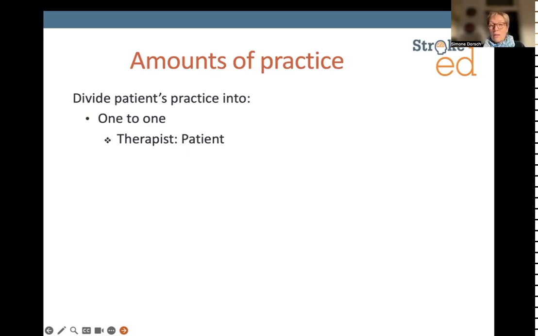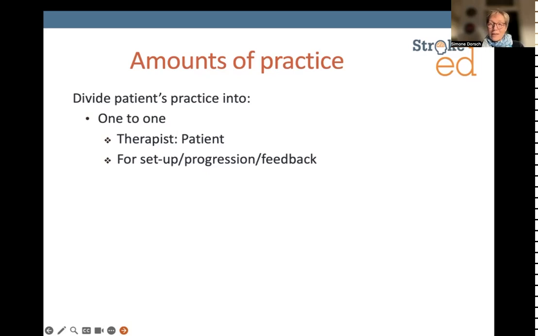In one-to-one, the therapist is working directly with the stroke survivor. And that should only be done when it needs to be done. We don't need a lot of practice to be one-to-one practice. If you need to be there to set up the environment, to help progress somebody's practice, to give them some very specific feedback because they're just trying to get the idea of what it is that they're doing, then sure, you need to be there.